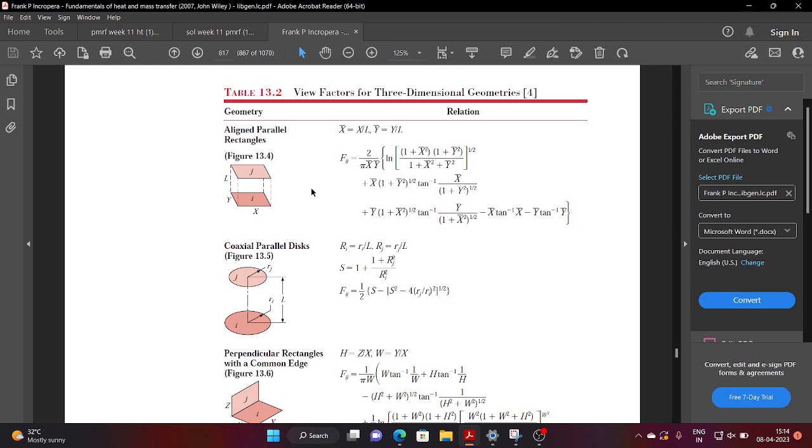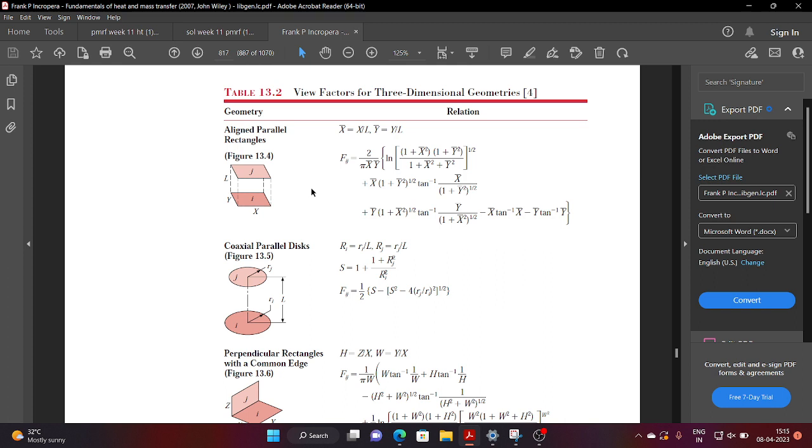So there is a big formula. If you look into the table, let's say Table 13.2 in Frank and Kreith, there is a table which defines the shape factor when we have two parallel surfaces given in Cartesian coordinates.